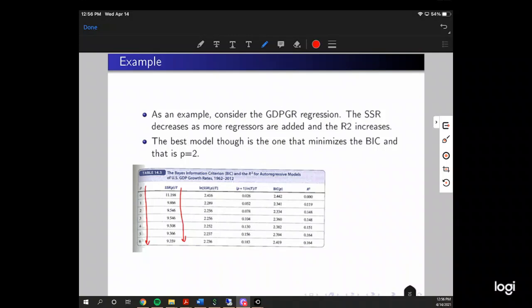This is the right-hand bit of the equation, p plus 1. That's going to increase as you add more lags. And the BIC is minimized right at p equals 2. Also, the R squared is going up as you add more lags. So the best model, according to the BIC, is p equals 2, or 2 lags. So that would be Y_t equals beta 0 plus beta 1 Y_t minus 1 plus beta 2 Y_t minus 2.